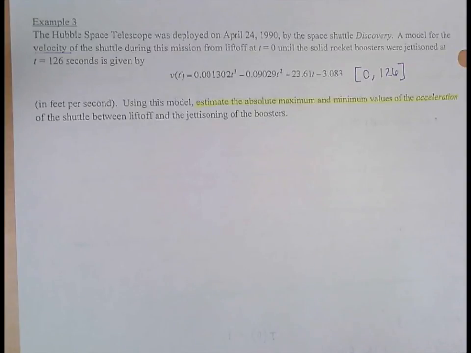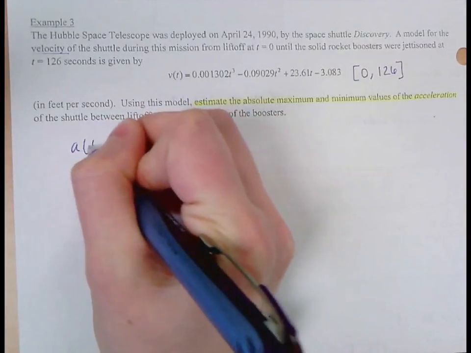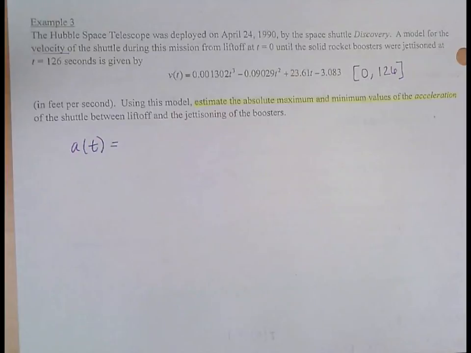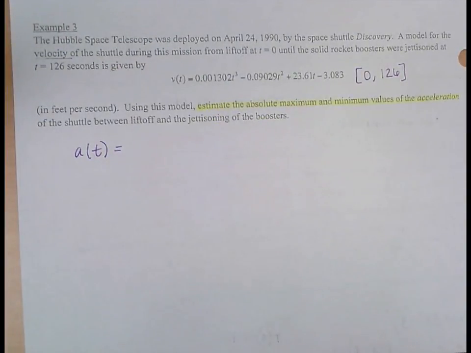All right. In order to estimate the absolute max and min values of the acceleration, what do we need to find? The derivative, yes, of the velocity, because that gives you the acceleration. All right, so the derivative, we would need to multiply 0.001302 by 3.